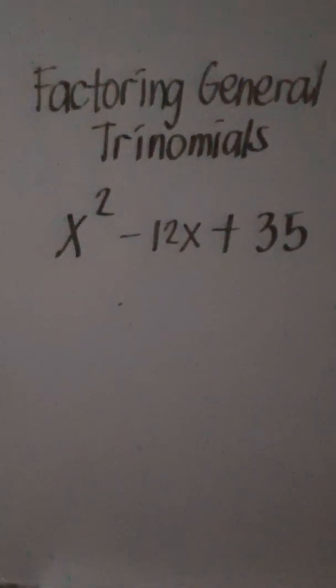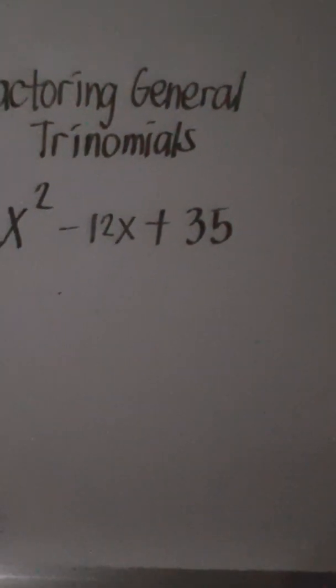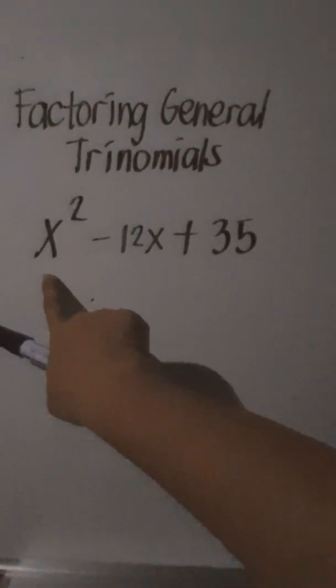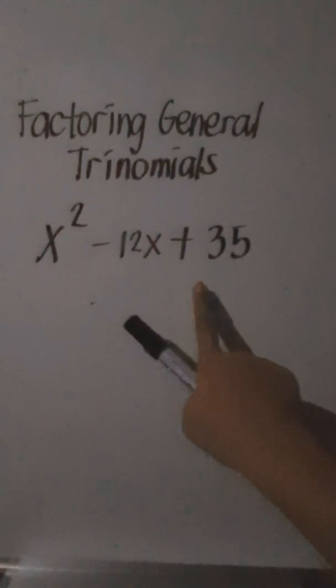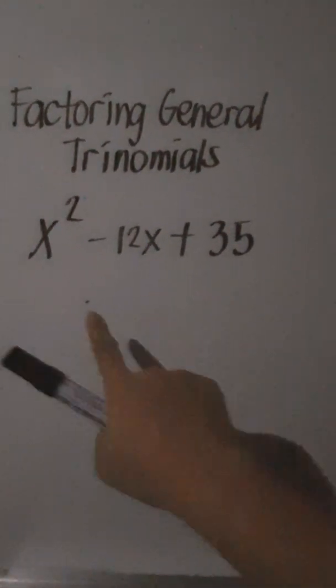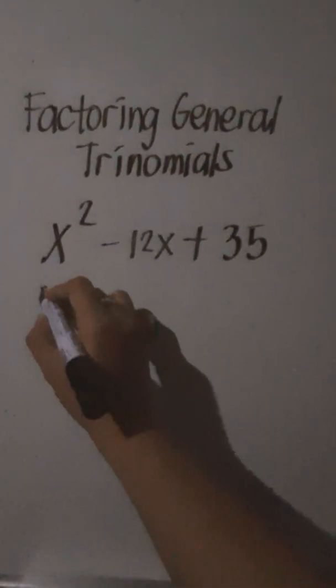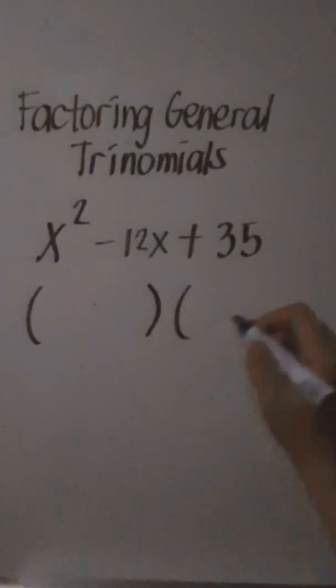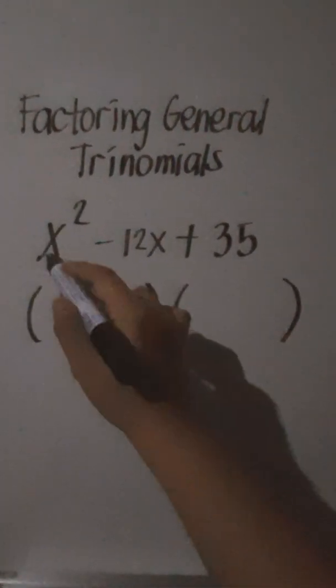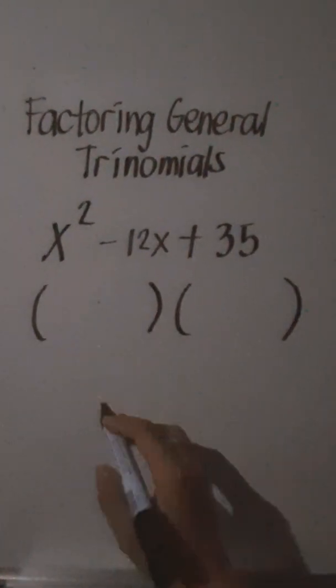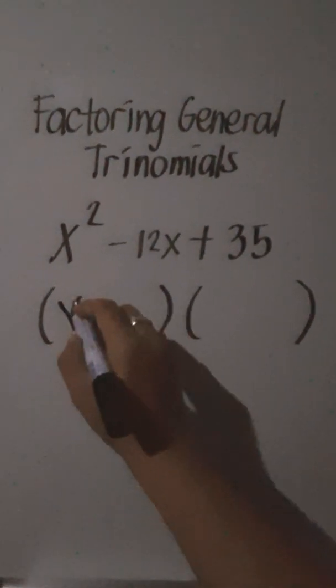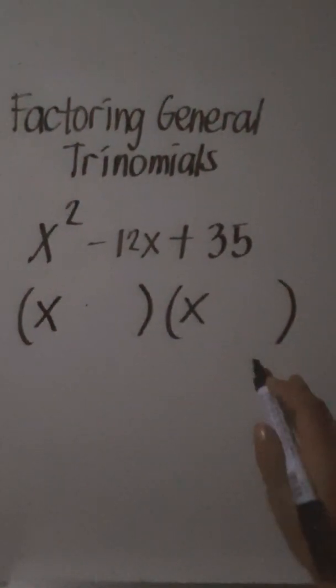Last example for general factoring technique or factoring general trinomials. Our example is x squared minus 12x plus 35. So, ato ning i-factor. Again, prepare tag duha ka buok parenthesis. Now, let's factor the first term, which is x squared. Factors of x squared, we get x and x.